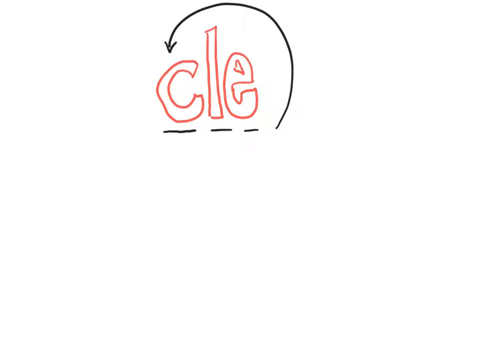CLE is actually its own syllable. So whenever you have a word that has CLE in it, you have 2 or more syllables. Let's take a look at the word circle. Circle.